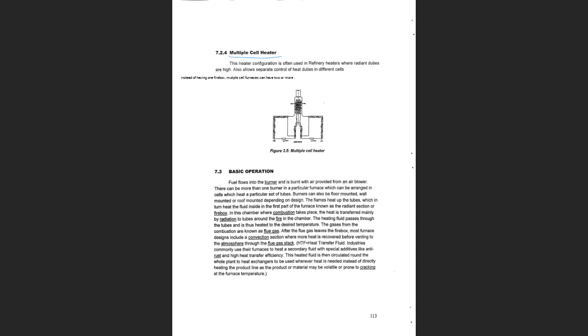So we have the stack at the top and then the convection section and then instead of having one large firebox there were like two fireboxes and they look like this.